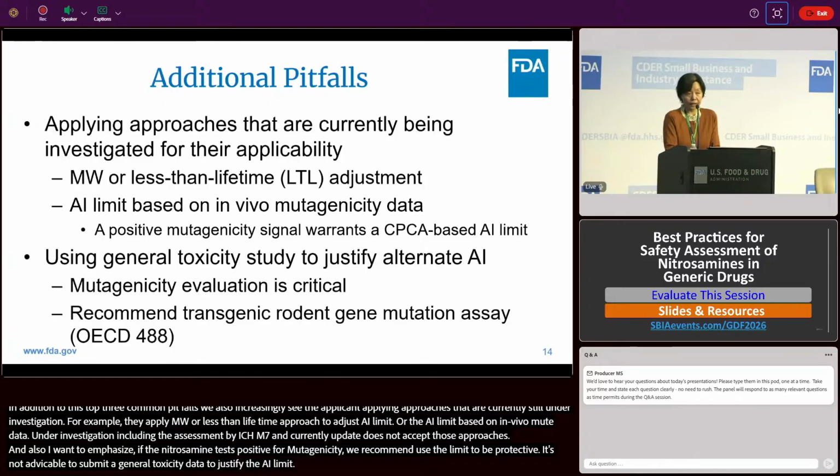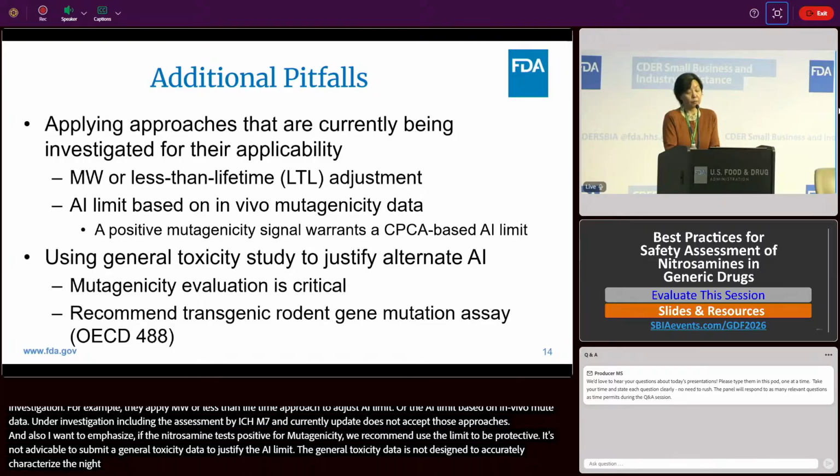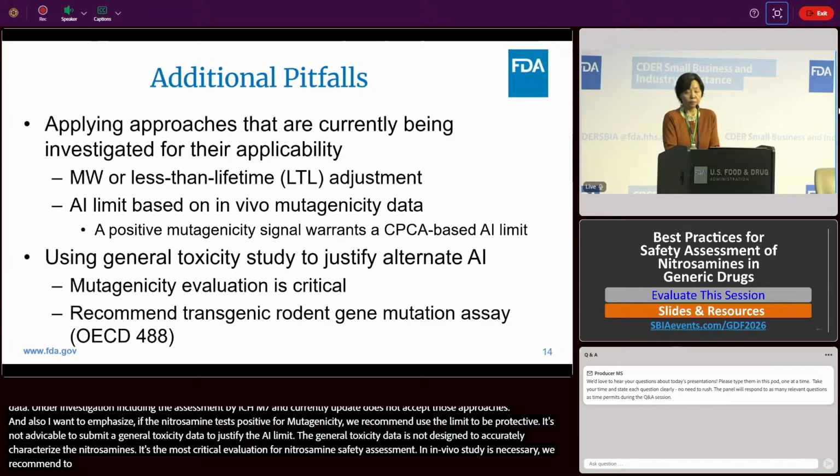General toxicity data is not designed to adequately characterize mutagenicity and carcinogenicity of nitrosamines. Currently, the mutagenicity evaluation is the most critical evaluation for nitrosamine safety assessment. If an in vivo study is necessary, we recommend using the transgenic rodent gene mutation assay.